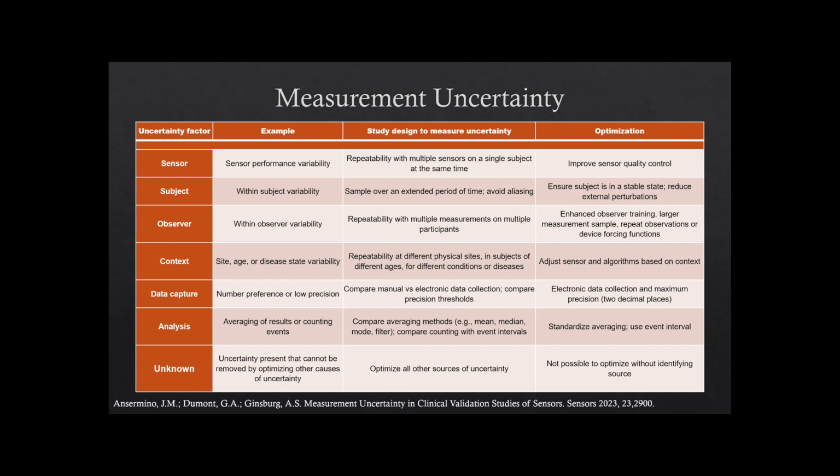There's also this huge issue of observer uncertainty. We know that repeatability of pulse oximetry measurements is not perfect, but we need to account for this when we actually design our studies.